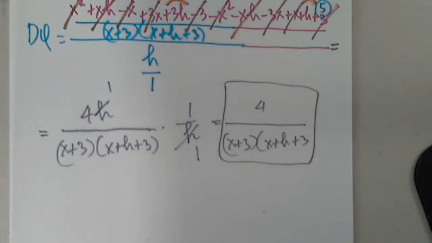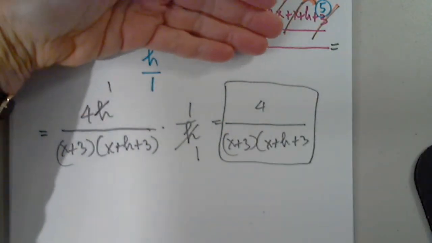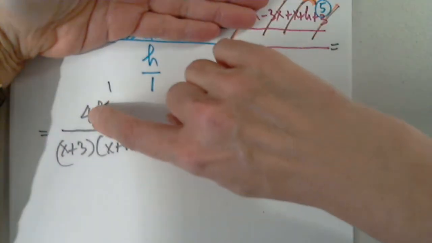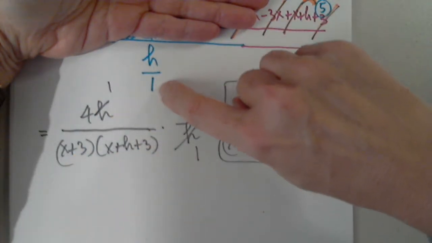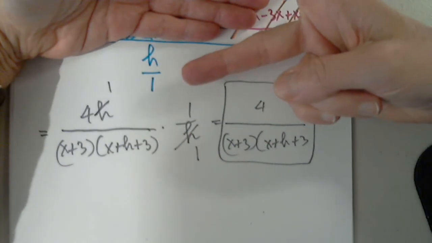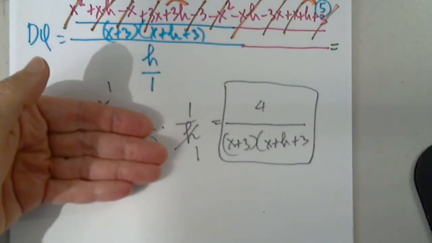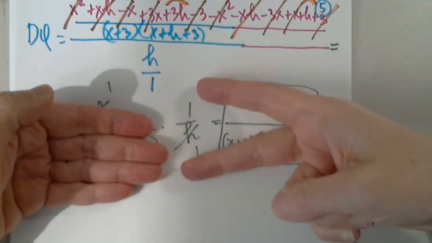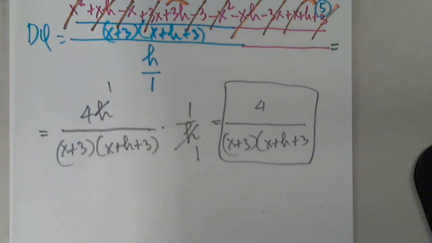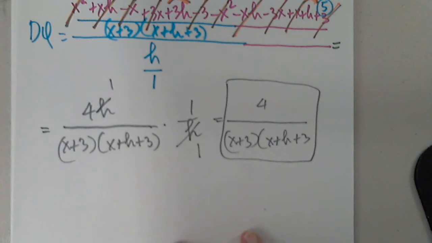Very good. Awesome. So I have a fraction now here that is 4h over this, and I'm dividing it by h over 1. So I have to flip. So the numerator is here, and when I divide by h over 1, I have to multiply by 1 over h. So that's how we divide two fractions.